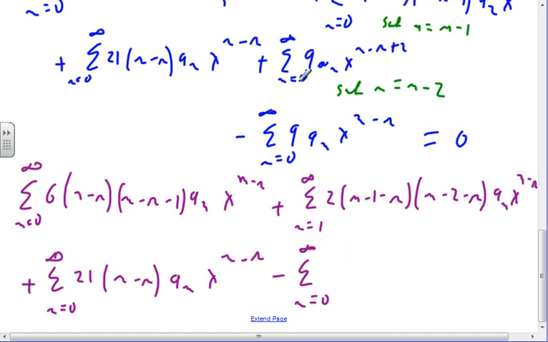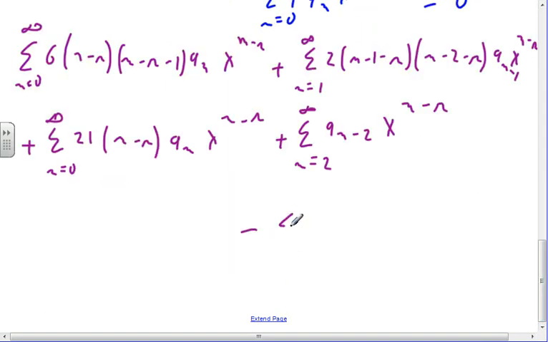We're on this one, right? So n is not negative, so positive, n equals 2 to infinity. We have a minus 1 sitting there, right? n minus 1, yes. Back on this guy, we have a_{n minus 2} x to the n minus r.